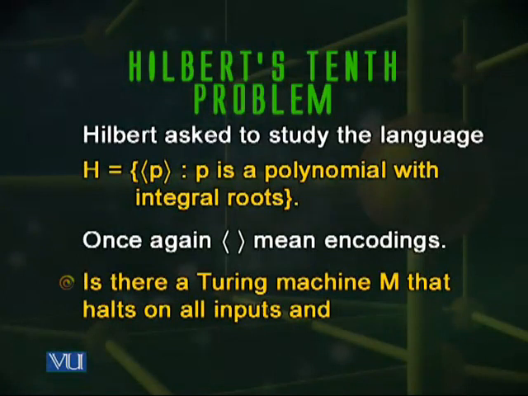Is there a Turing machine M that halts on all inputs and the language of M is exactly equal to H? So now we have exactly defined Hilbert's 10th problem as a language, and we are asking if there is a Turing machine which accepts this language and halts on all inputs.